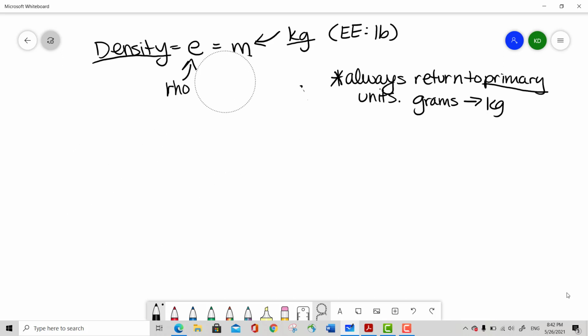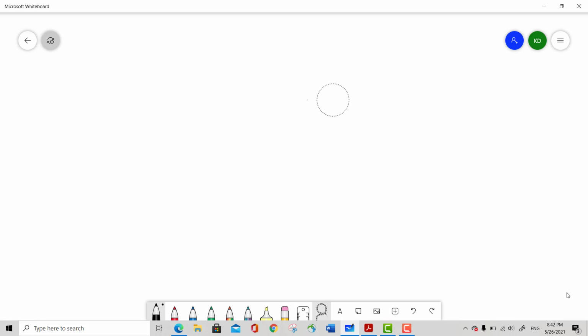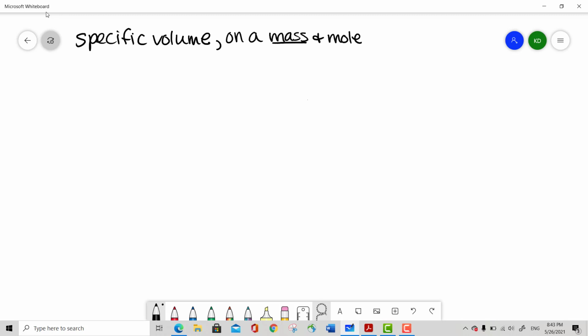Let's do a specific volume since we're talking about it. Okay. So for specific volume, let's do this on a mass and mole basis because your homework asks for that.